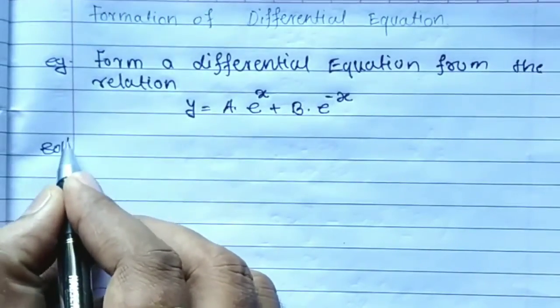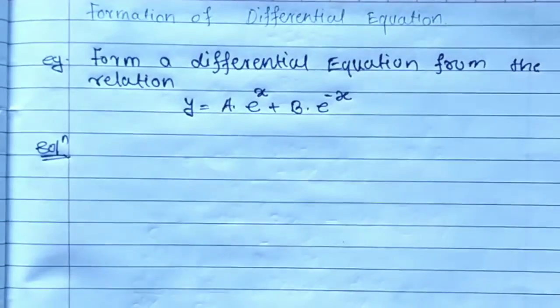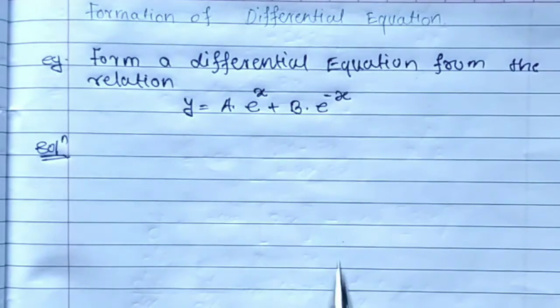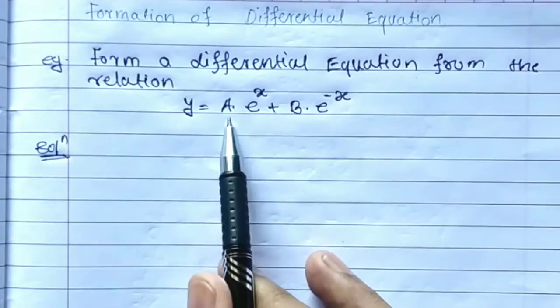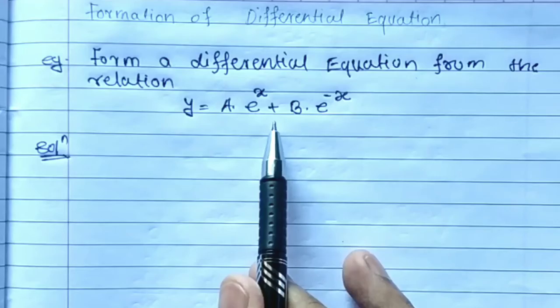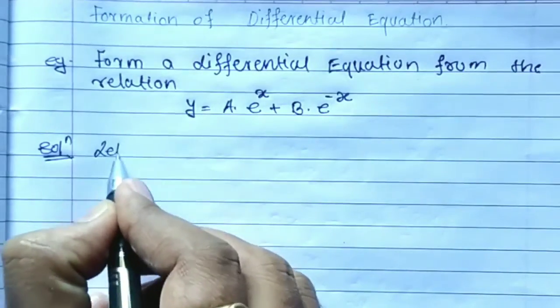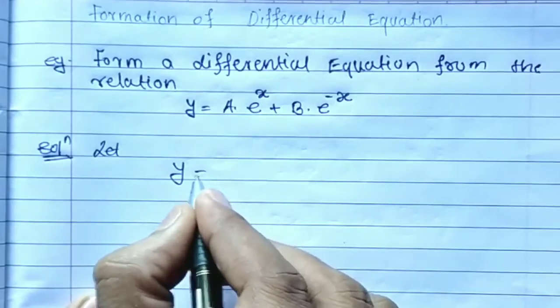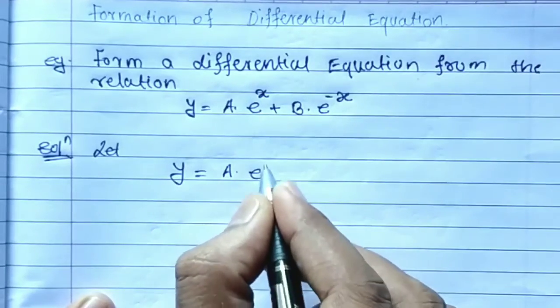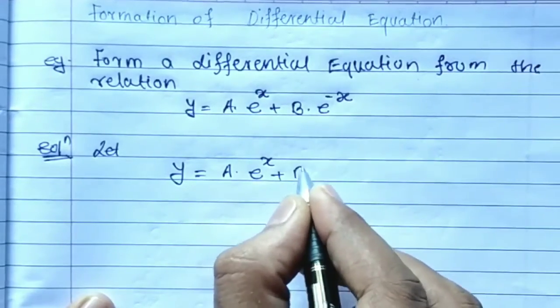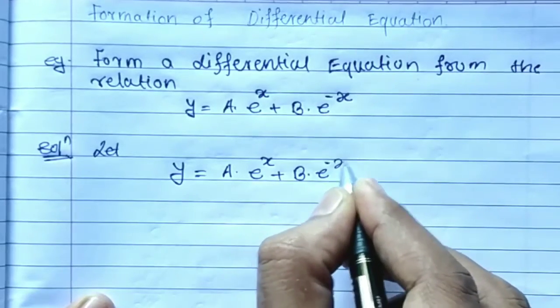As we know, to form a differential equation from a given relation means to eliminate the arbitrary constants, which are denoted by a and b in this example, by using the derivative concept. So let us consider the relation y equals a e to the power x plus b e to the power minus x.